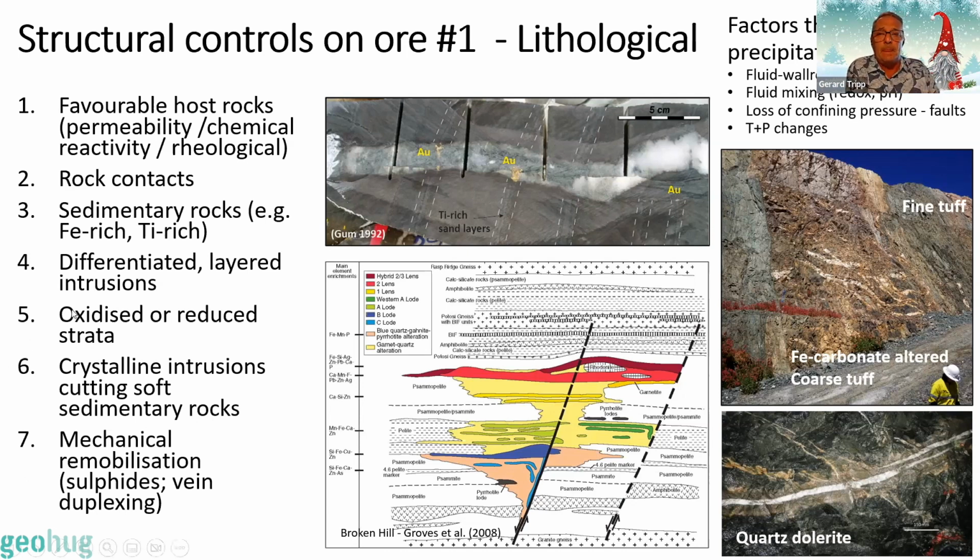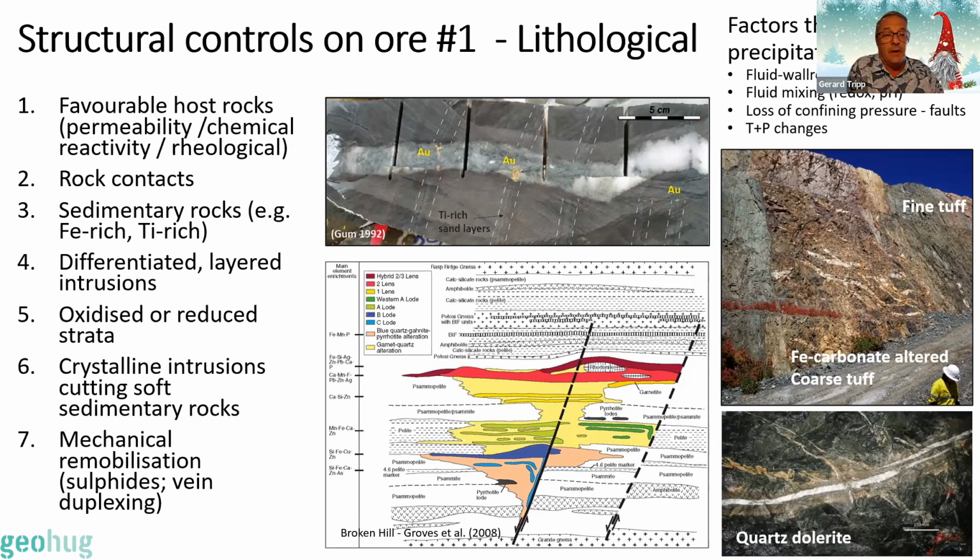What we're talking about is factors that facilitate precipitation of metals, right? Those can be any of these methods: fluid-wall rock reaction, fluid mixing, things that induce temperature and pressure changes, loss of confining pressure in faults, that kind of thing. And where those faults intersect units in the original lithological sequence generally has a very marked control on where ore wants to go.